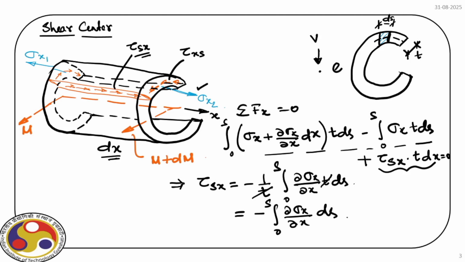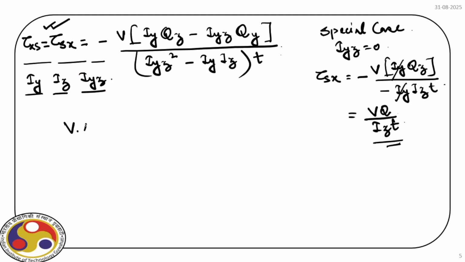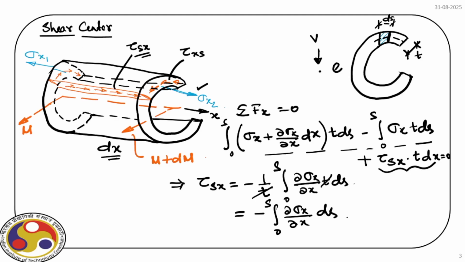Now for that, again, V times e is basically the moment, and that should be equal to the moment of tau xs about the point O. So if we see the diagram, in this diagram we have the center point. With respect to that point, we quantify the location of the shear center.